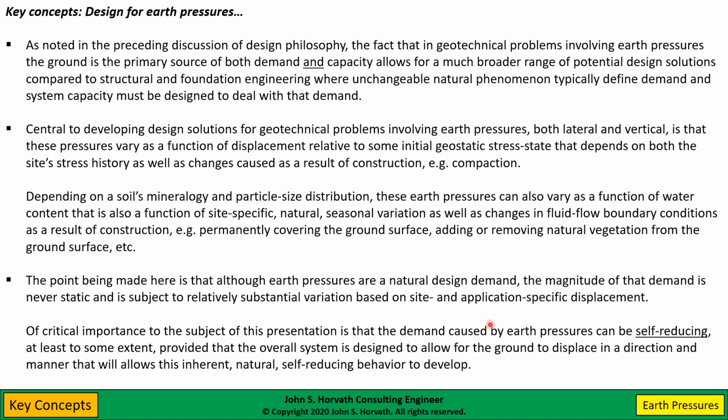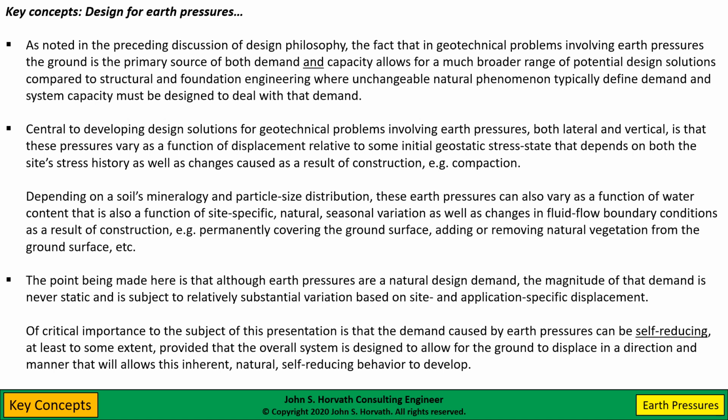Another important point to make is that the demand that's caused by earth pressures can be self-reducing, at least to some extent, provided the overall system allows for the ground to displace in a manner and direction so that this self-reducing behavior can develop. What I'm talking about with self-reducing is, for example, the at-rest state can go to the active state if we allow the ground to move in an appropriate direction.